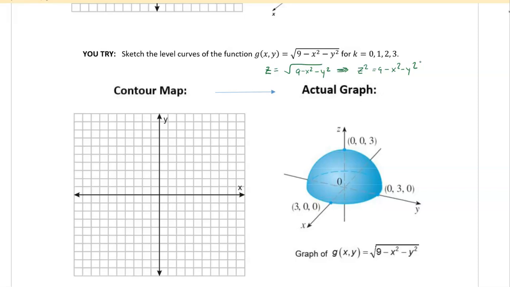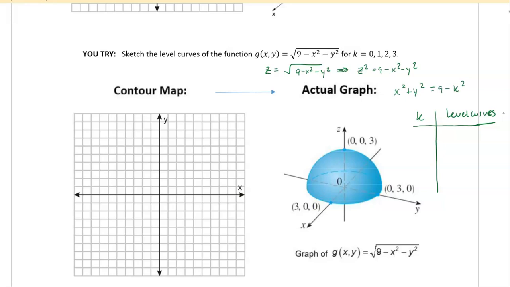And rearranging things, if we plug in k, to make it easy for us to draw, we get x squared plus y squared equals 9 minus k squared. And that equation right there is going to help us draw our level curves so we know exactly what they look like. You will notice for this question that the values of k that we're substituting in are equidistant from each other.